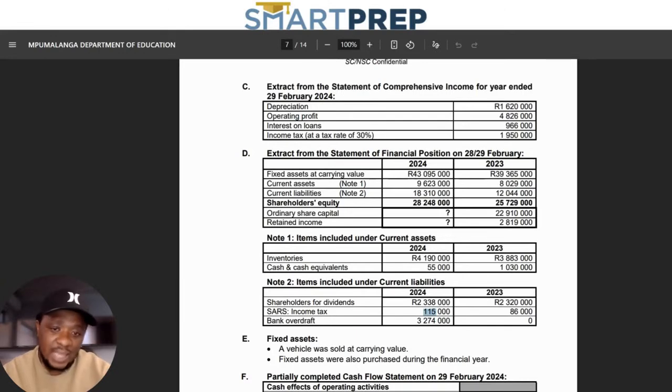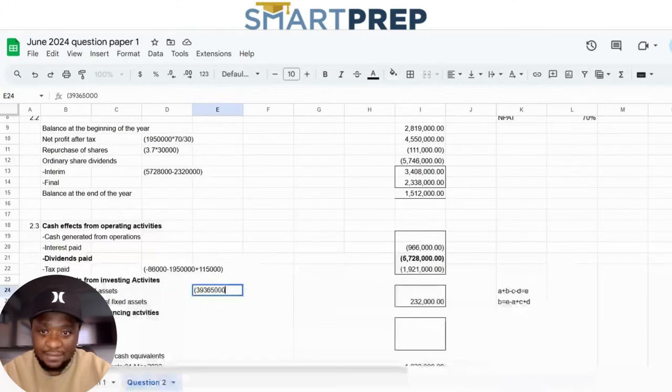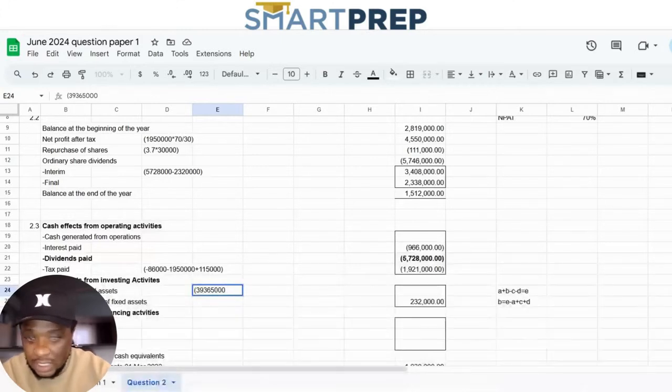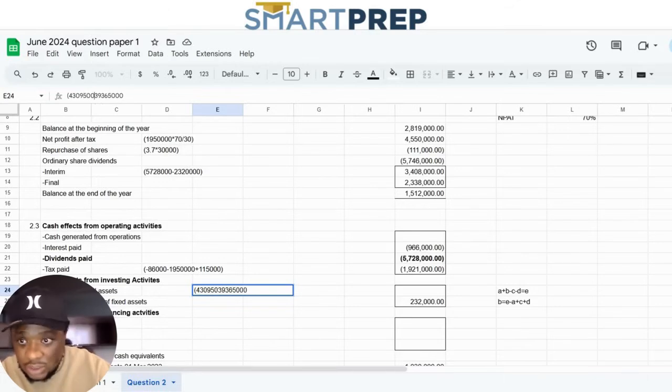We're going to start with the balance at the end, which is 43,095,000. Then we're going to say minus the amount at the beginning of the year, and then we're going to add our depreciation and add our disposals. So our disposal is already given there as 232,000. So we're going to add that in, and then what you're going to do is to also add the depreciation.